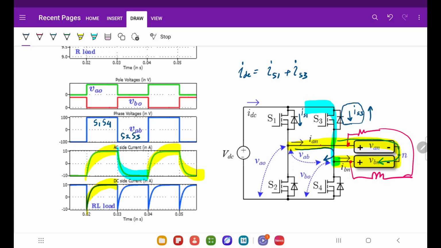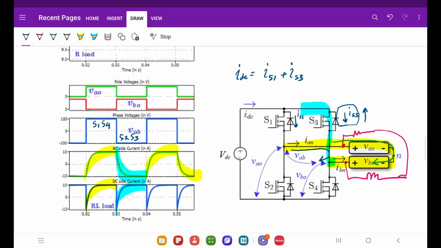That's why we have to reverse this. Whatever we are getting here, this part we have to reverse. So we have reversed it, and this becomes my DC side current. This is the concept of AC side current and DC side current explained here.